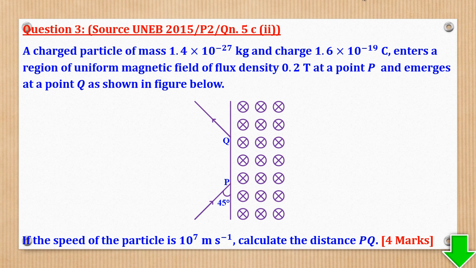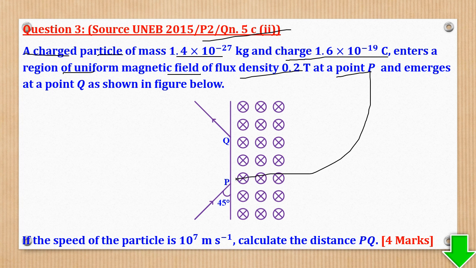Then question 3 came from UNEB 2015 paper 2 question 5 Roman 2 and says a charged particle of mass 1.4 exponent negative 27 kilograms, and charge 1.6 exponent negative 19 coulomb enters the region of uniform magnetic field of flux density 0.2 Tesla at a point P, which is this, and emerges at a point Q as shown below.